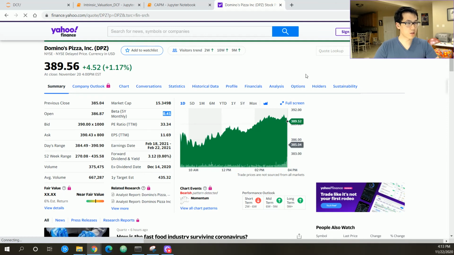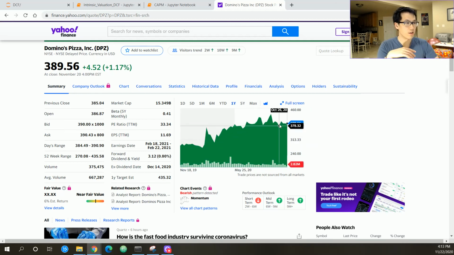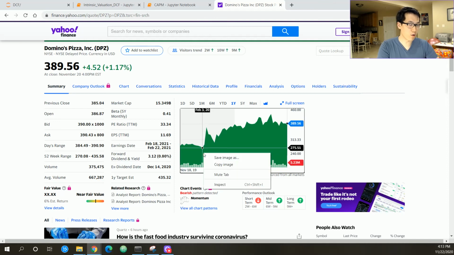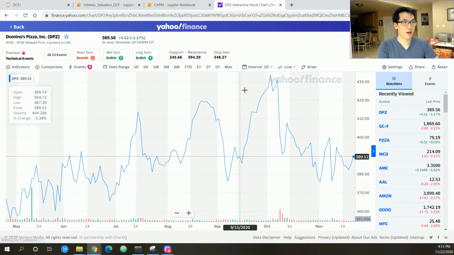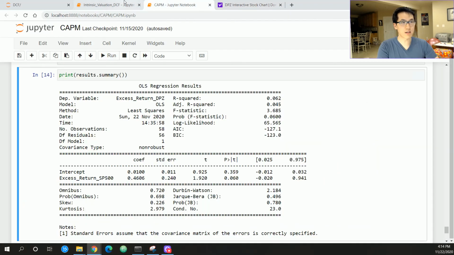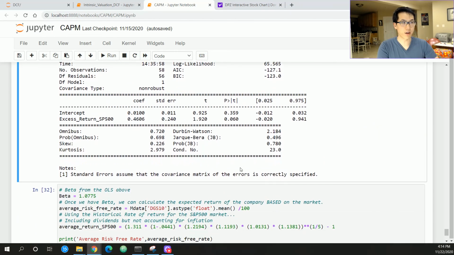And then let's go to the current value, which is $389 over here. So you can be the judge on whether or not Domino's Pizza is overvalued, but according to my models, it is really overvalued. Maybe if you bought it a year ago, you would make a hefty return. But yeah, that is essentially how you do the intrinsic valuations.